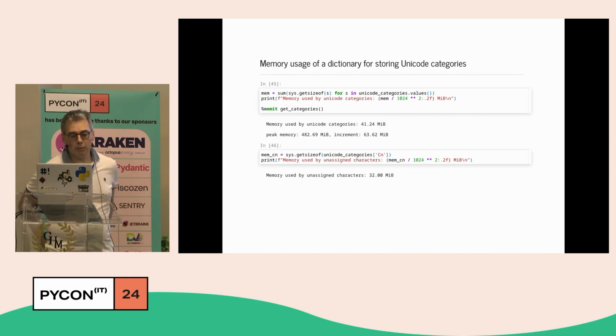At least you have to use about 10 to 12 megabytes for a subset for all the categories. You also have to process them, and this is a problem.